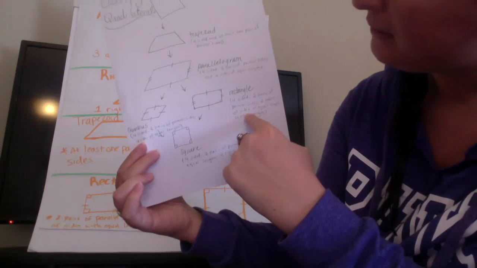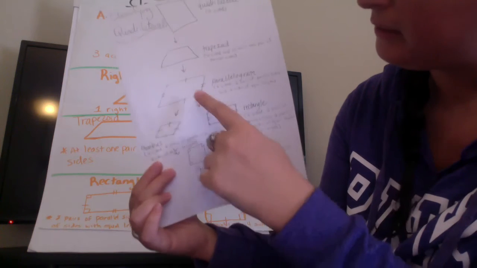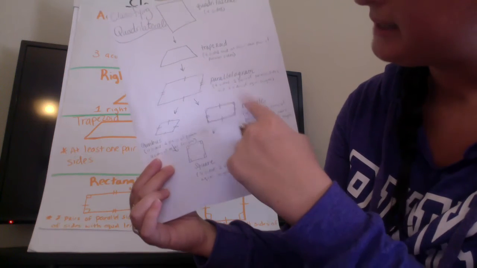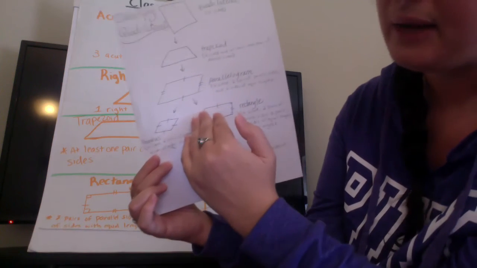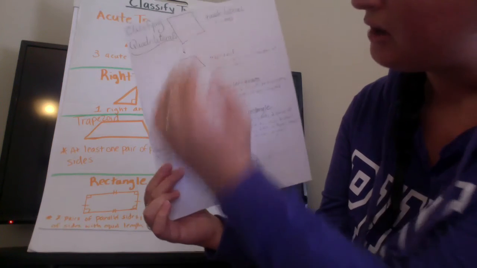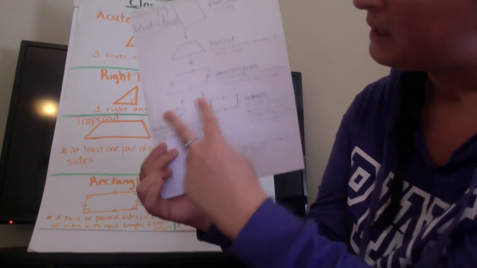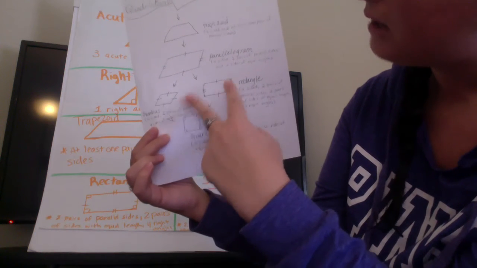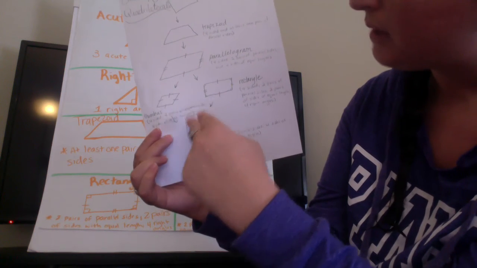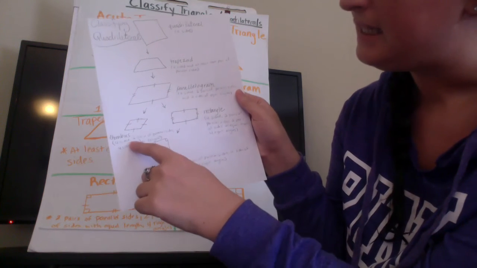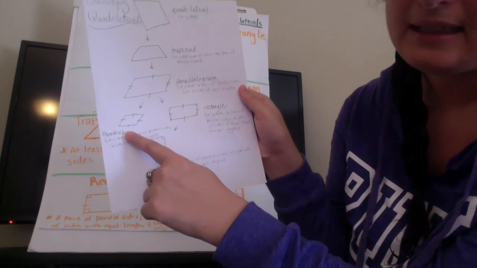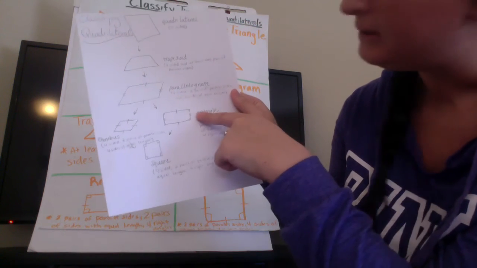With the rectangle, I can call it a parallelogram, a trapezoid, because it has all those qualities. So notice how the flow chart's kind of going down. Anything above it, I can call it that. But these two, you can't call a rectangle a rhombus or a rhombus a rectangle because a rhombus needs to have all sides equal in length, and a rectangle doesn't have that.